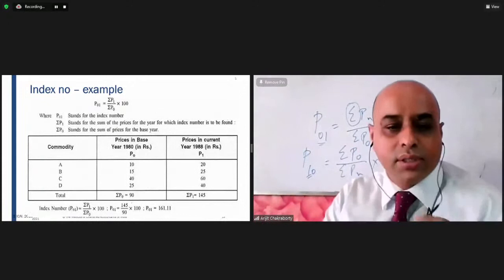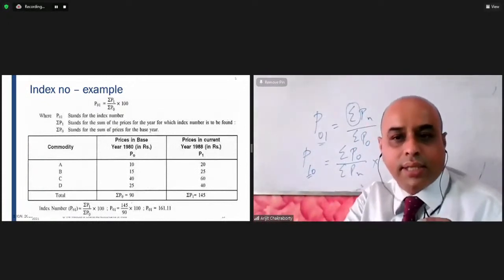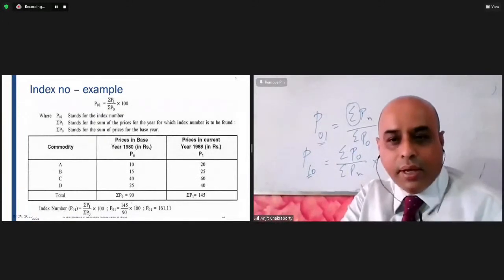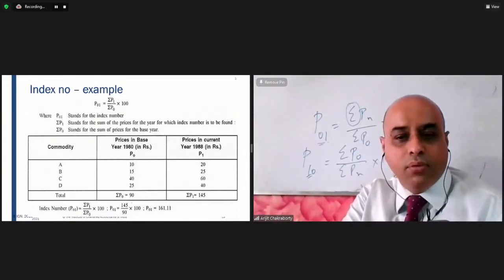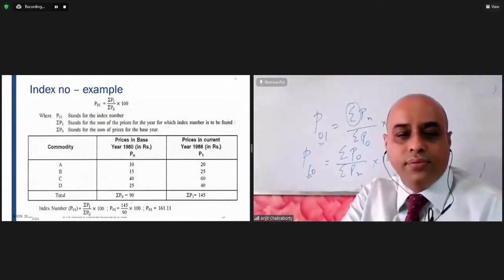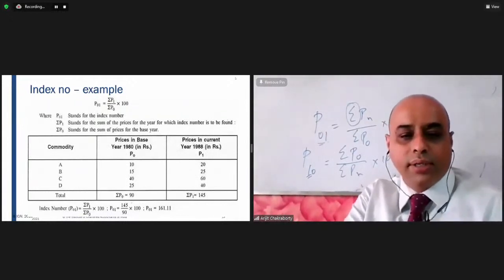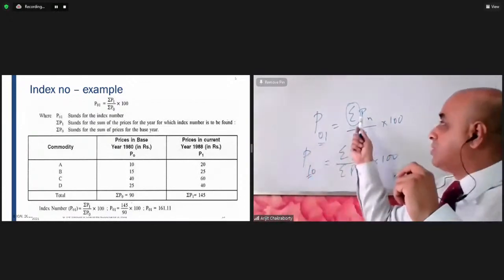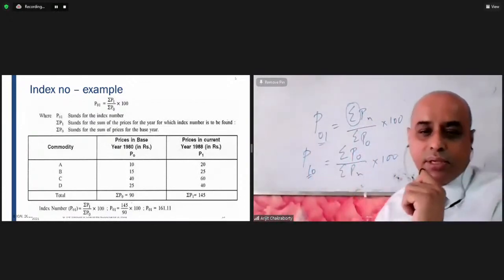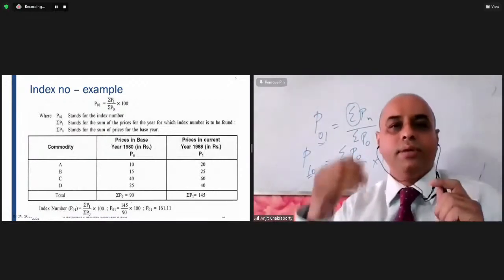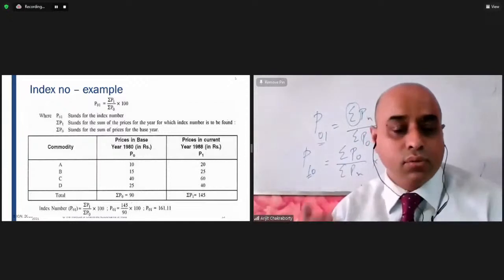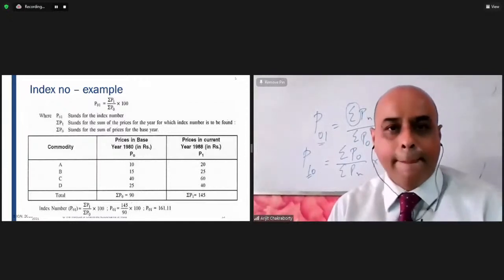Similarly, for each of these commodities, you can see the price in 1988, which here is the current year. There you can see sigma P1 is 145. Therefore, we are using P01, that means sigma Pn by sigma P0. So 145 by 90 into 100 gives you the index number as 161.11.